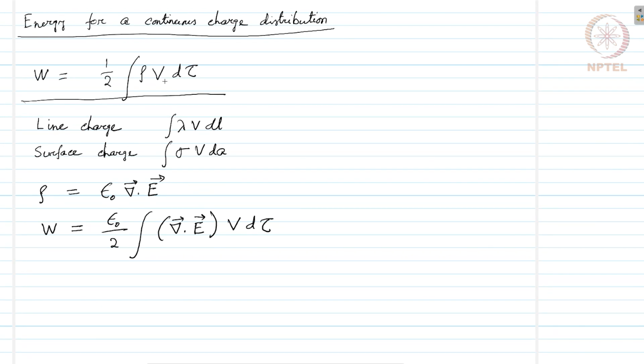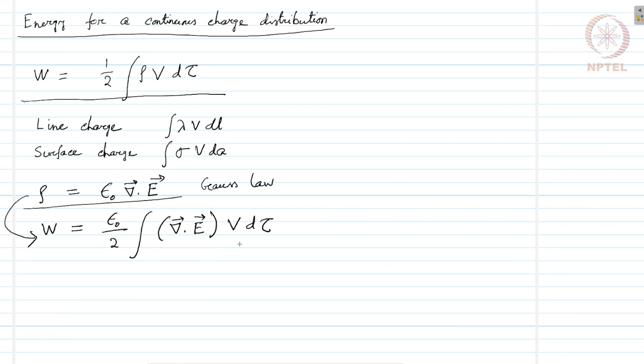And if we now consider Gauss law given here, this is just the differential form of the Gauss law. We can write using this the work done as a function of the divergence of electric field. And if we have this, then we can integrate by parts this expression. We have the divergence of electric field and potential, both are functions of space.